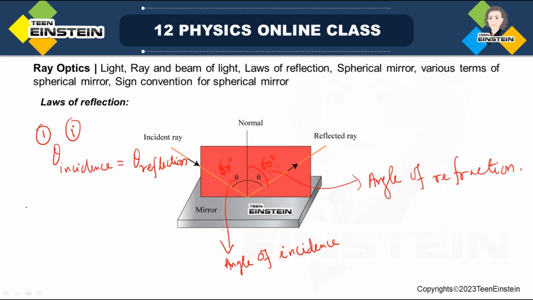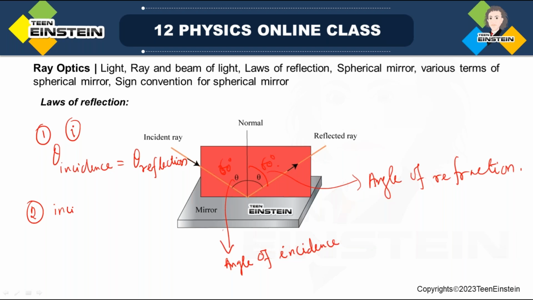The second law is that the incident ray, the reflected ray, and the normal to the reflecting surface at the point of incidence will be in the same plane. See, these are in a plane.